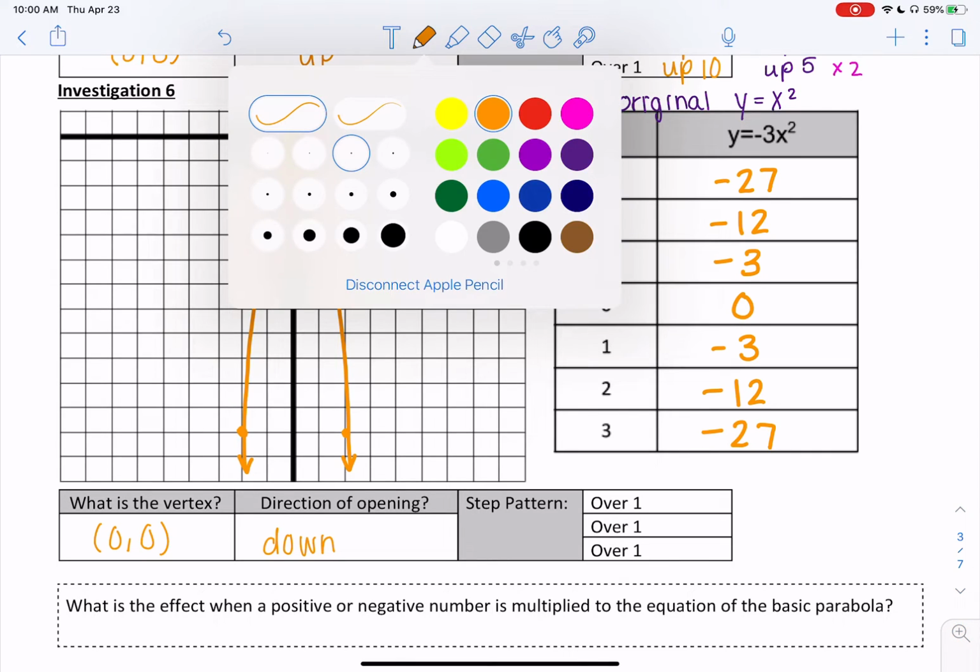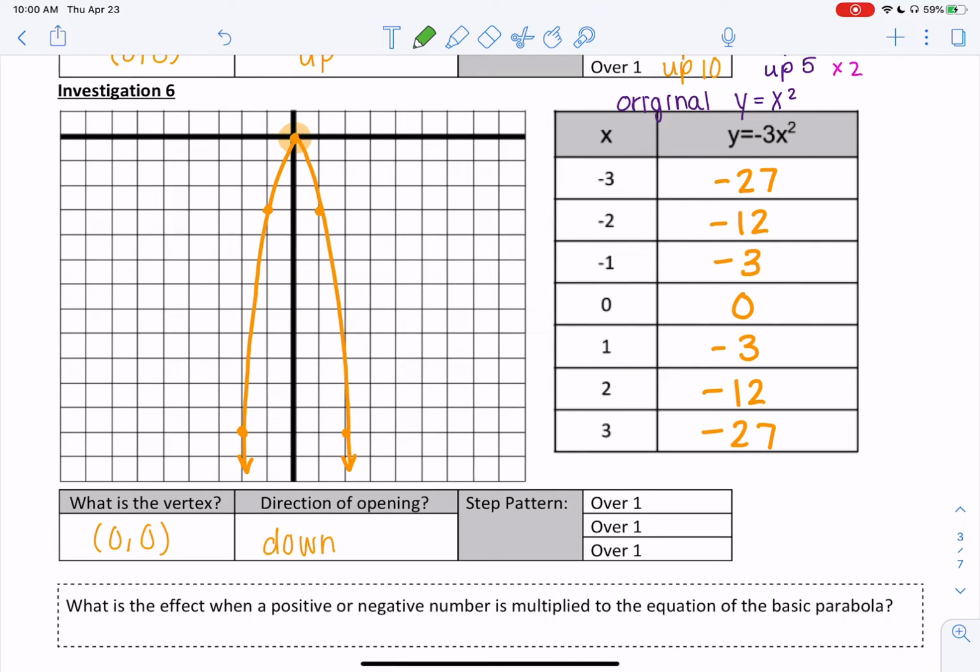Now let's address our step pattern again. So remember, we always start at our vertex. You always go over 1 to the right, but this time if I go up, I'm not going to hit any lines. So I'm just going to go down to meet my parabola below. So I go down until I hit that first point, and in this case I went down 3. And we'll do it one more time.